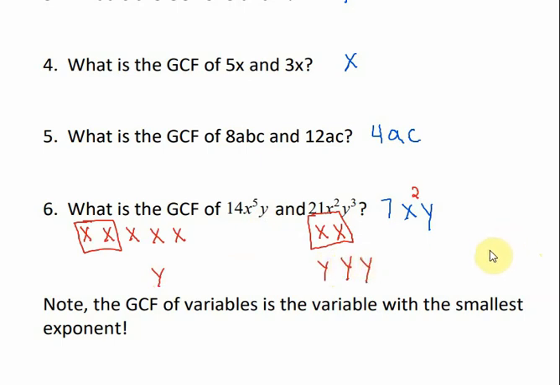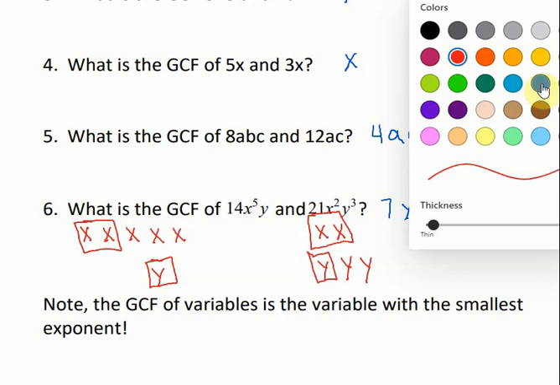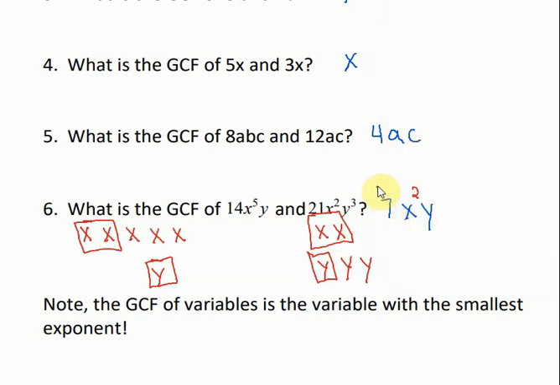So how many y's do they have in common? They only have 1 y in common. So we don't have to put an exponent on the y. It's understood to be a 1 there, so we can just leave it. And so my greatest common factor between these two terms is 7x squared y.